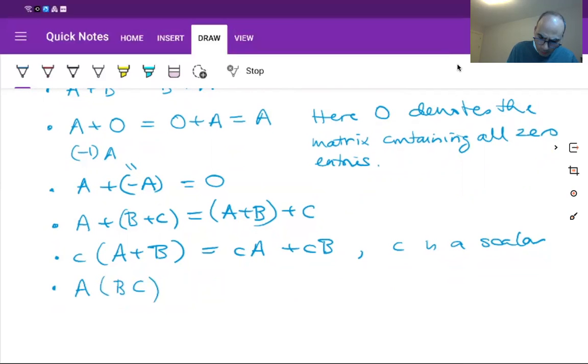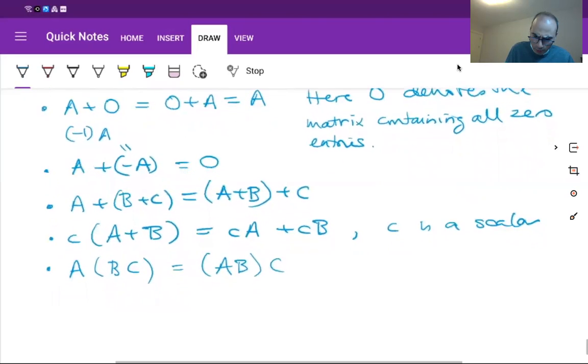Okay, so now assume that A, B, and C are such that this matrix product is defined, so that this will also be defined, and we have equality here. So this is associativity of matrix multiplication.